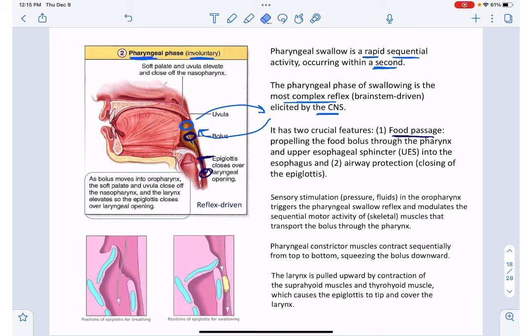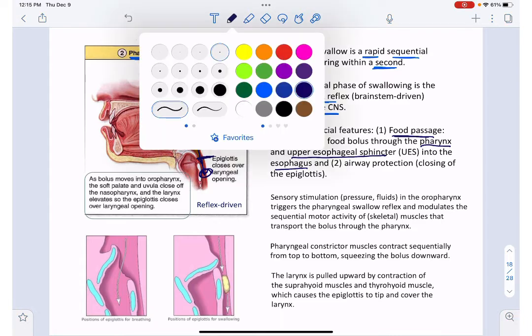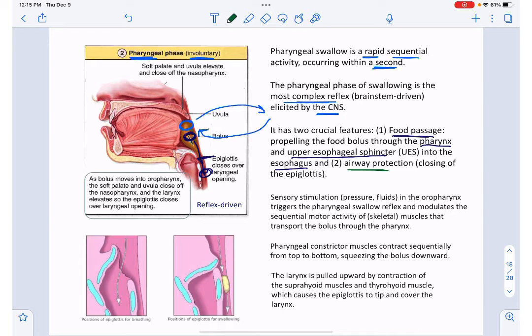Through the pharynx, through the upper esophageal sphincter, into the esophagus. And the other component is airway protection. So here we have a picture of, well, this is the pharynx. This is the esophagus.